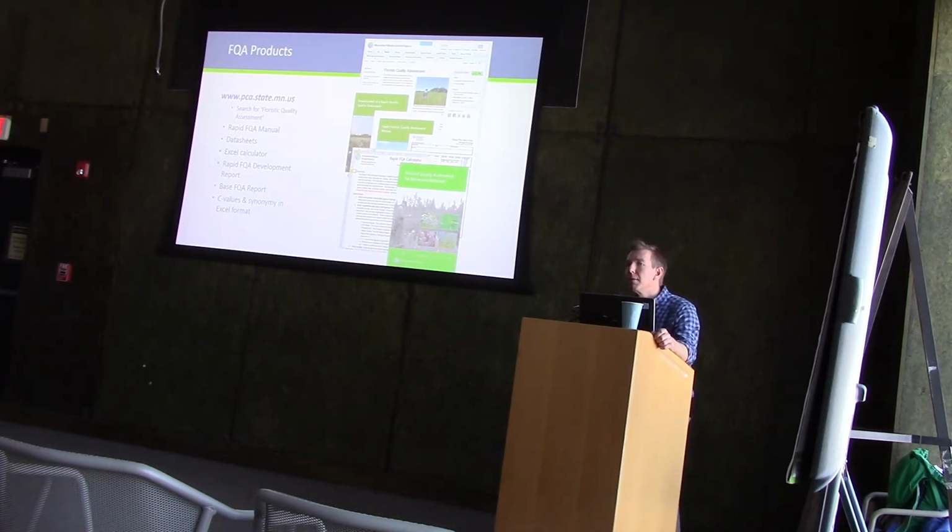I took just a hypothetical plant list and ran it through, and if you have a high site in MinRam, it could be like a medium-low site with FQA according to how the Corps of Engineers set it up.